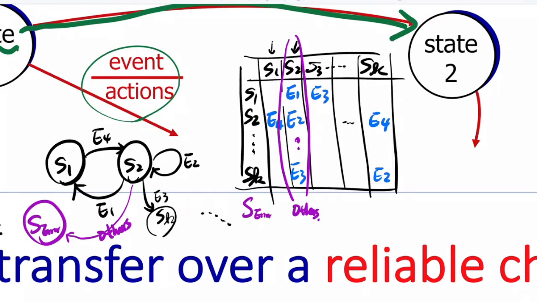That means at state 2, if you observe any other events which are not E1, E2, or E3, it could happen because although it is not what you expect, sometimes it did happen. You receive certain events that should not be observed at S2. So you should define some transition like others.